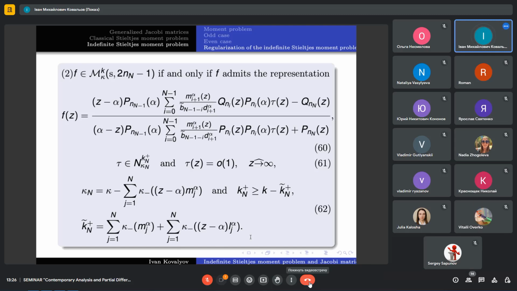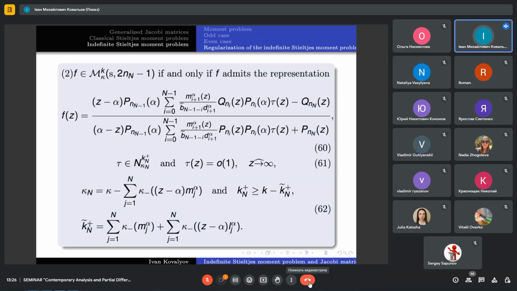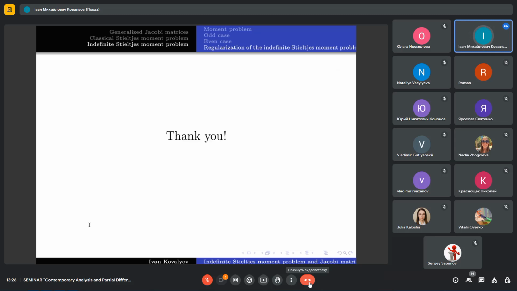You can see formula 60, and in this case our parameter tau satisfies the condition defined by 68, and in this situation our indices kappa n and k n can be found by formula 62. Thank you.